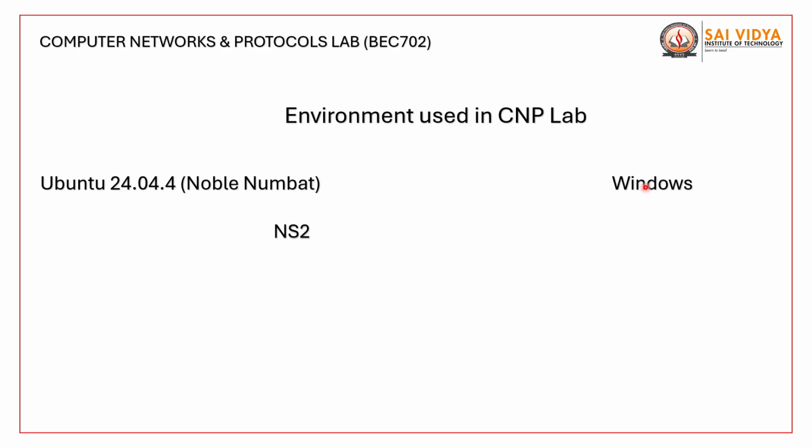There you have to use Cygwin concept in order to use Linux environment. That is Windows System for Linux Environment, WSL. In our lab, we use this Ubuntu and NS2.